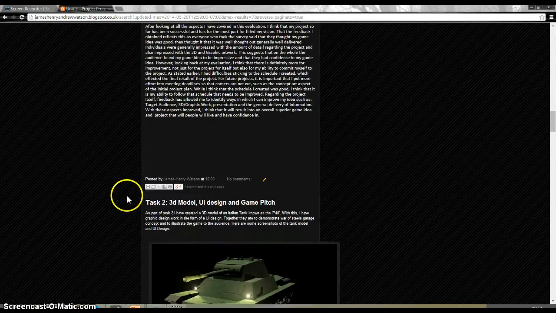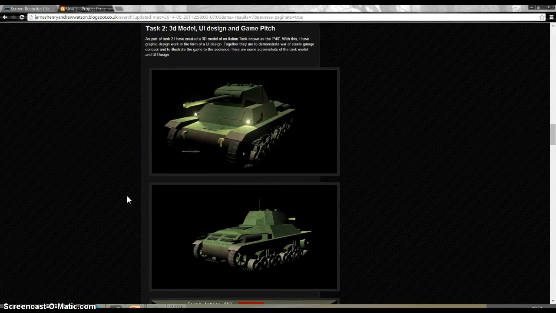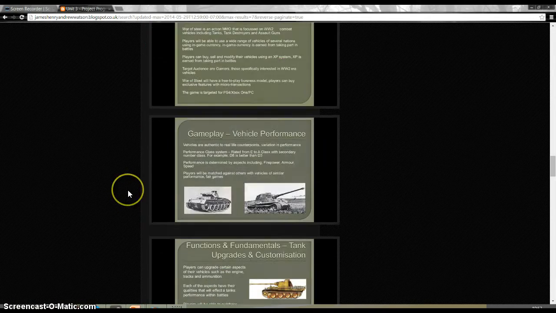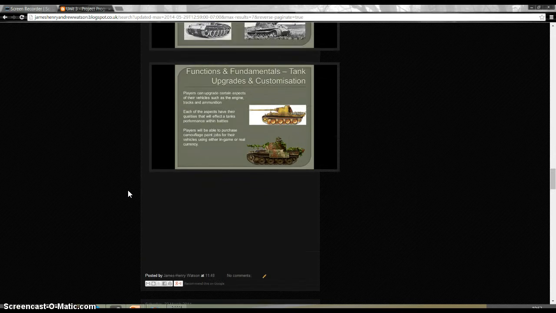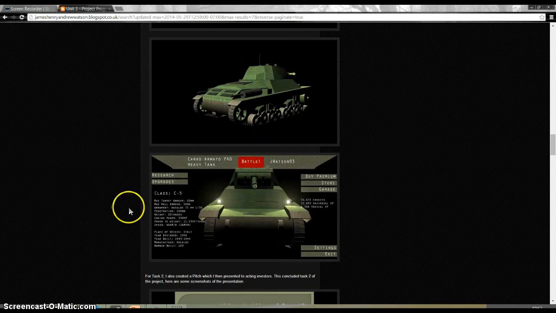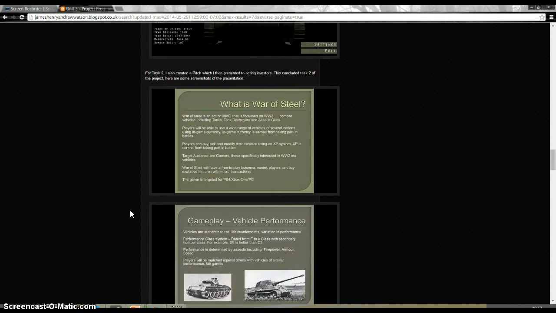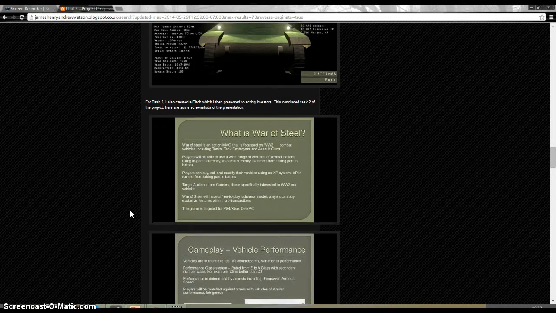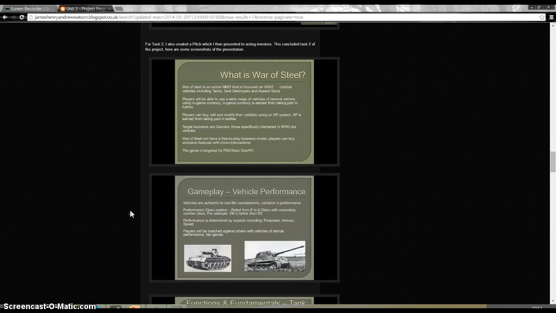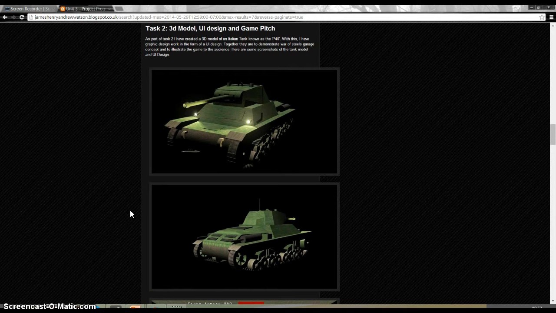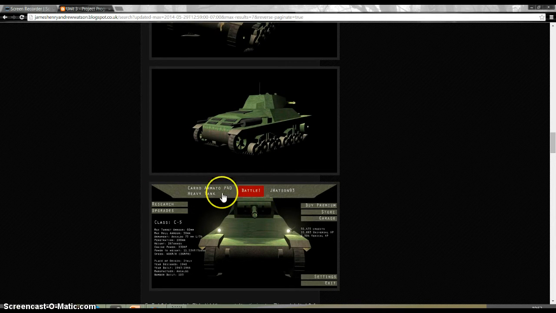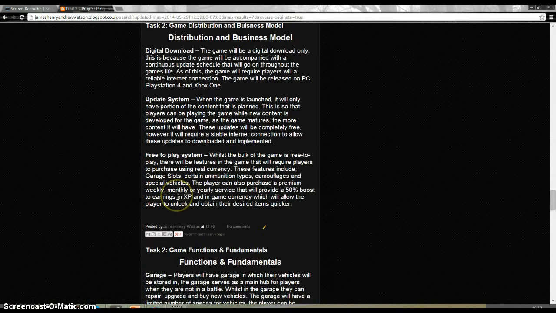Again, we can have a look at the things I created in Task 2. The final outcome of Task 2 was that I had a pitch ready that I presented to an audience, which talked about the game in detail, and I also had a 3D model and a graphic design, which is this UI design, and those were in the presentation itself.